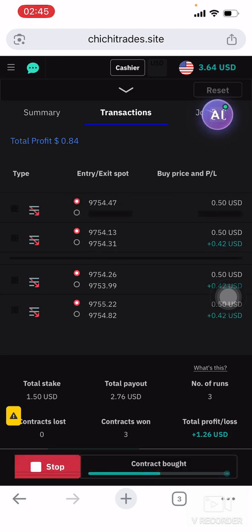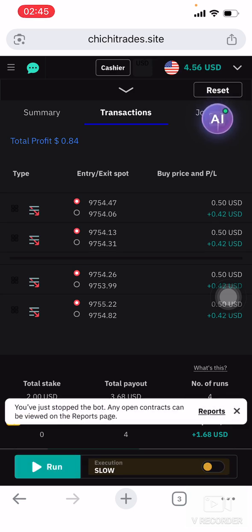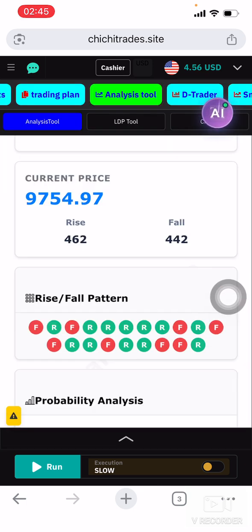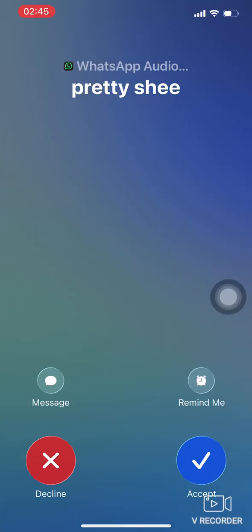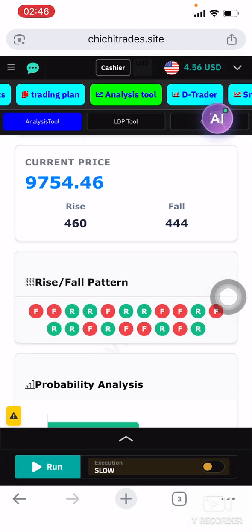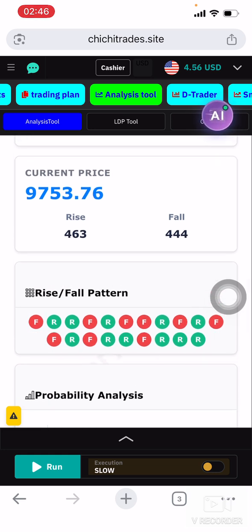Our last run, that's a profit of $1.68. So to make the story short, that's how easy it is to print some few dollars. Let's wait again for the candle to rise 3 times, then fall.